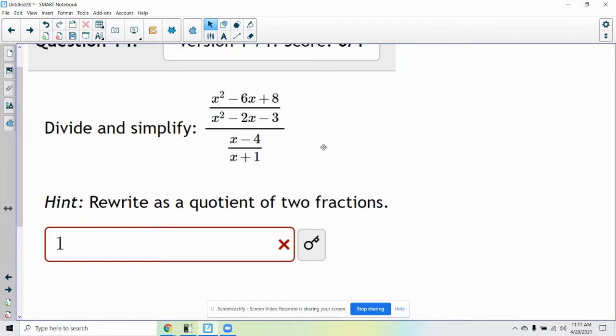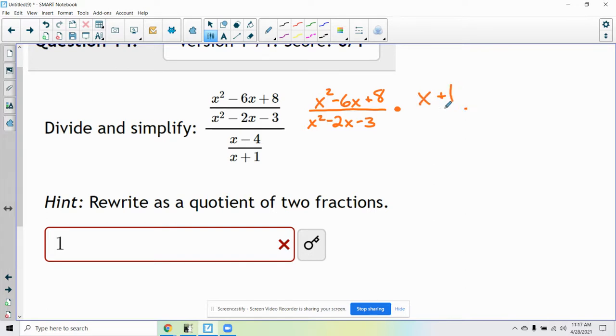All right. First thing I'm going to do is just flip this guy and make it multiplication. So I'm going to rewrite it first. So I have x squared minus 6x plus 8 over x squared minus 2x minus 3 divided by, or now I multiply it by the reciprocal, x plus 1 over x minus 4.